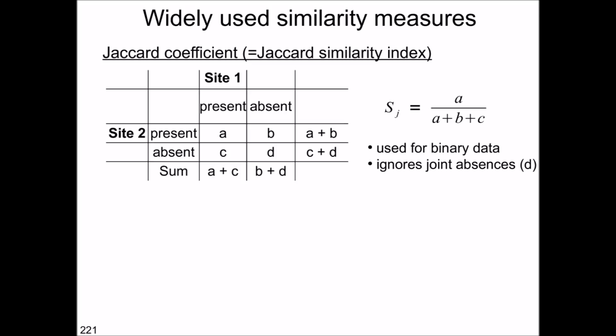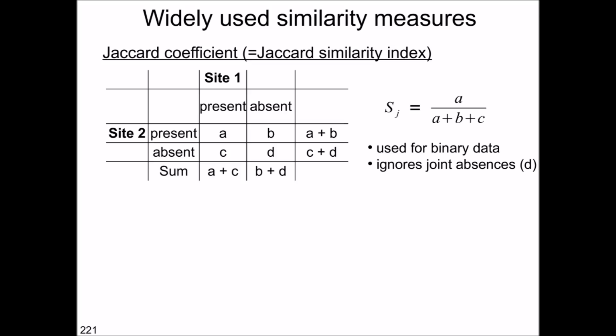You have the absence of species that influence the simple matching coefficient, and it's widely used for binary data. Note that these similarity indices that ignore shared absences are asymmetrical, whereas similarity indices that include D are symmetrical. So that means absence and presence are treated in different manner.